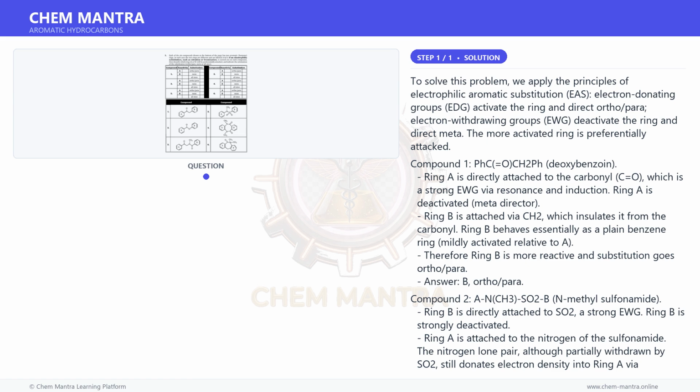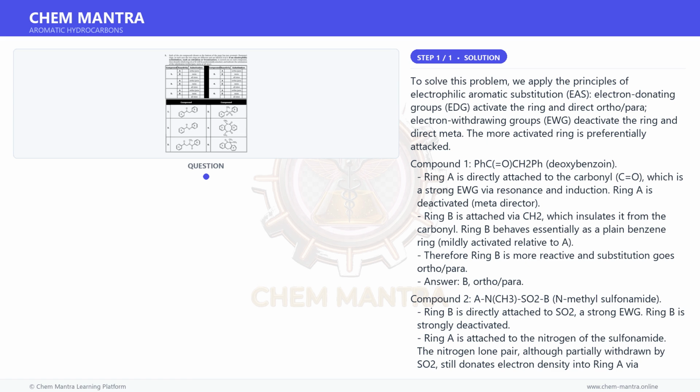Answer: A, all sites. Compound 5, ArC=O-CH2N(CH3)-C=O-Ar. Ring A is attached to a ketone carbonyl, which is an EWG. Ring A is deactivated. Ring B is attached to an amide carbonyl, C=O-N.